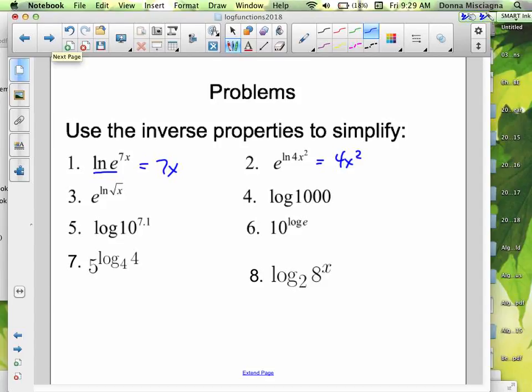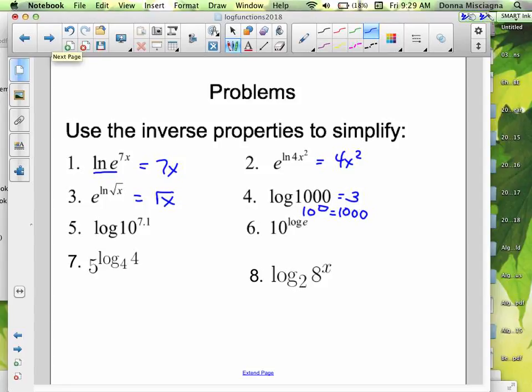So e to the natural log of square root of x, what's that going to be? Just the square root of x, because the e and natural log cancel. So that's basically saying, because what's understood, our base is 10. 10 to what power is 1,000? What would that be? Yep, 3.